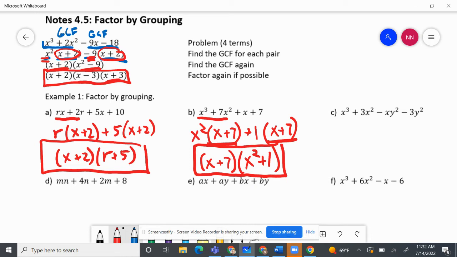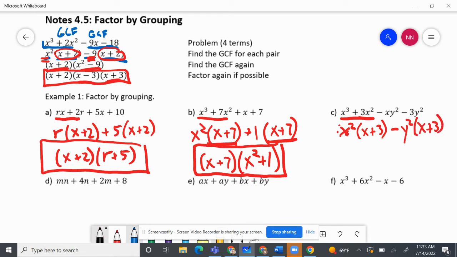Now, looking at letter C, we see that they have an x squared in common, and after they have the x squared in common, that gives us x plus 3. Then they have a negative y squared in common, and that gives us x plus 3.